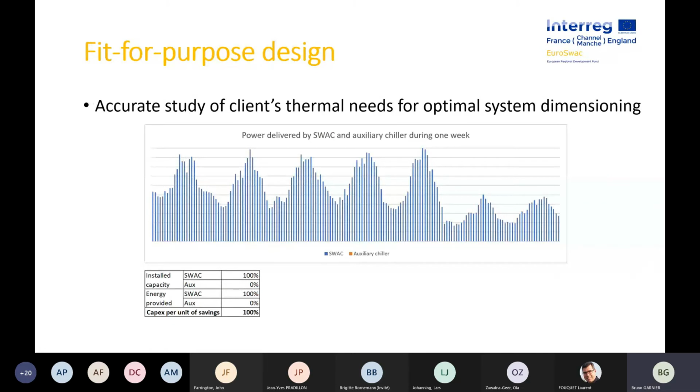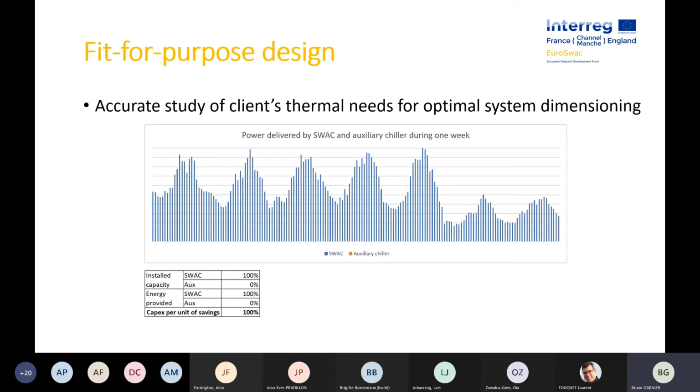The following point is the fit for purpose design. We need to have a very accurate study of the client thermal needs for an optimal system dimensioning. I give you an example to see how the dimensioning of the SWAC will impact the profitability of the project.